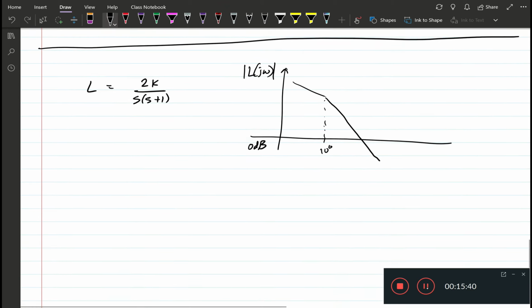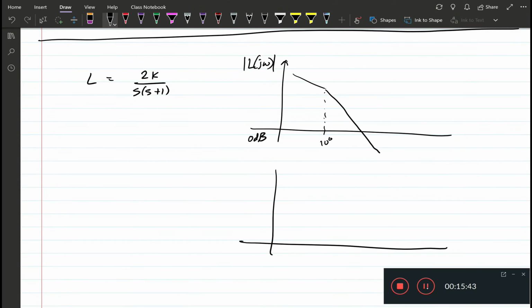So that would be a sketch of the Bode plot for L. Similarly, the phase plot would be the angle of L of j omega. Because there is a pole, it would start at -90, and then drop to -180 after the pole.